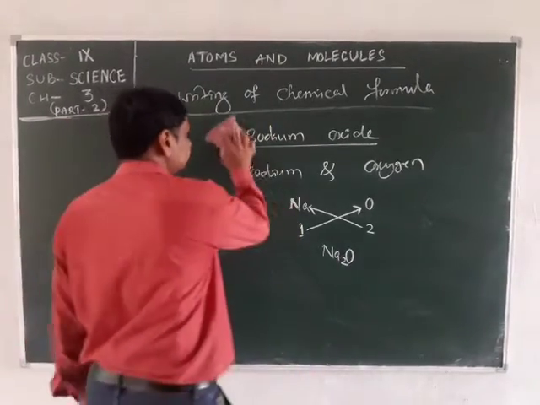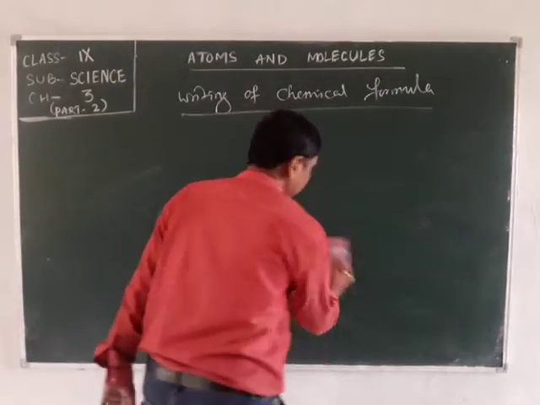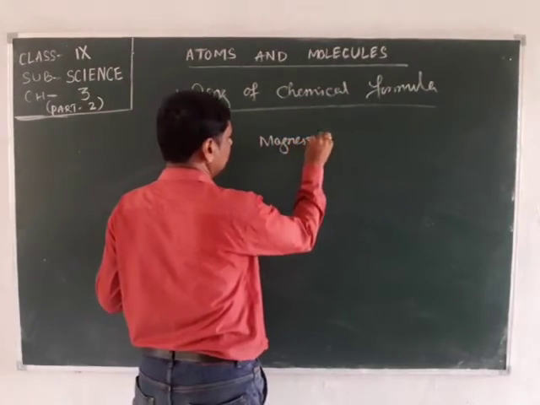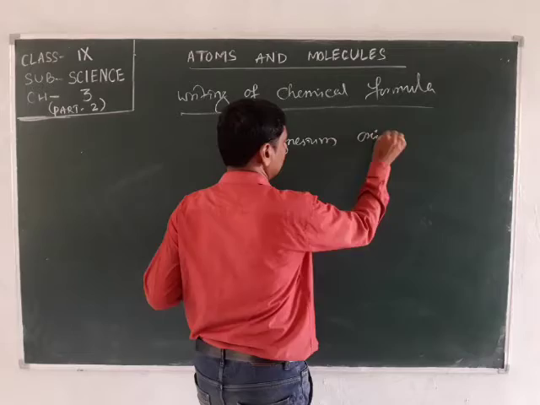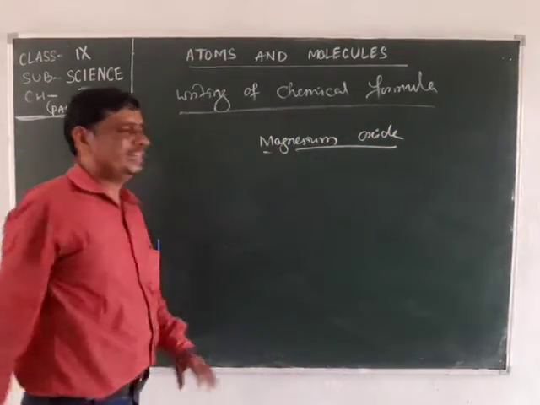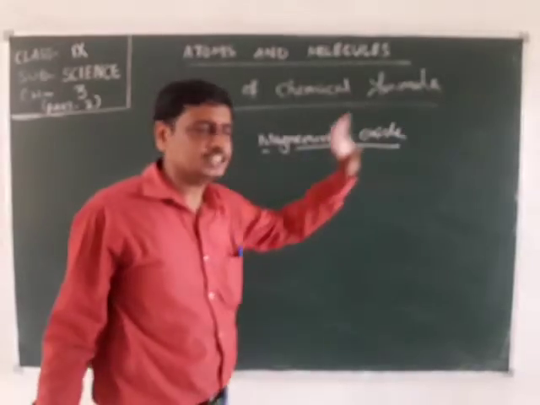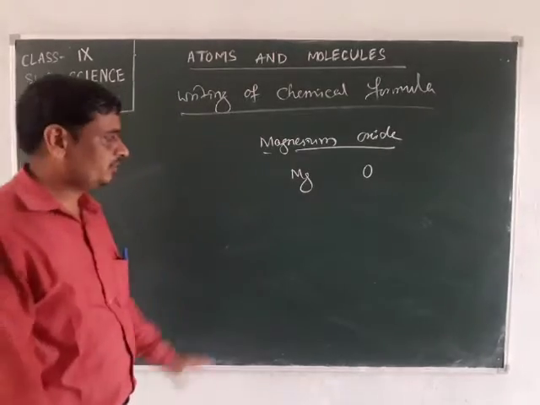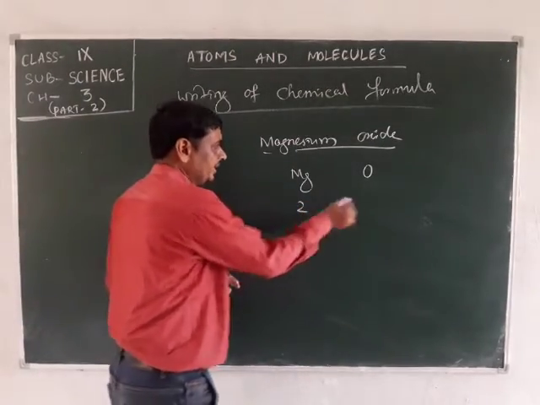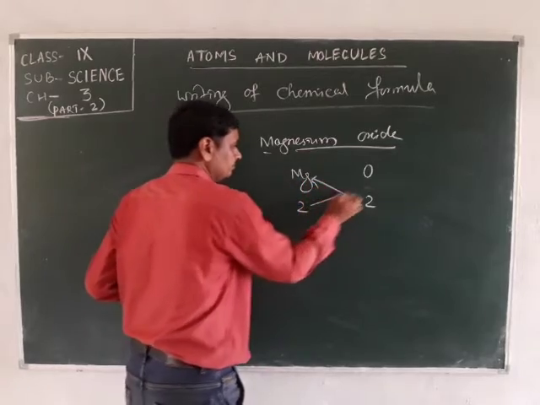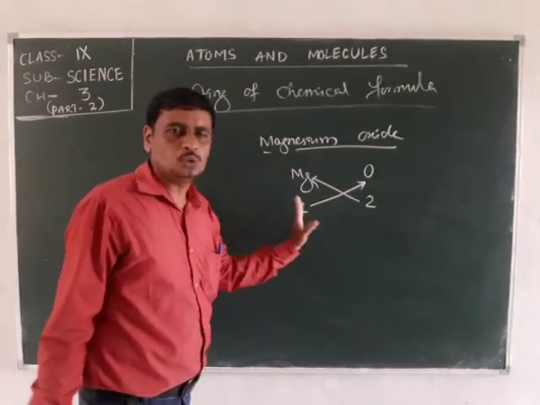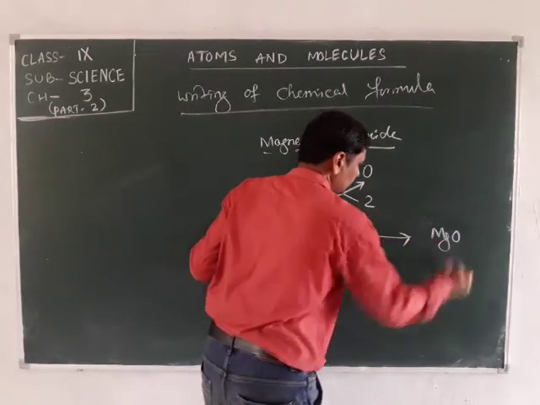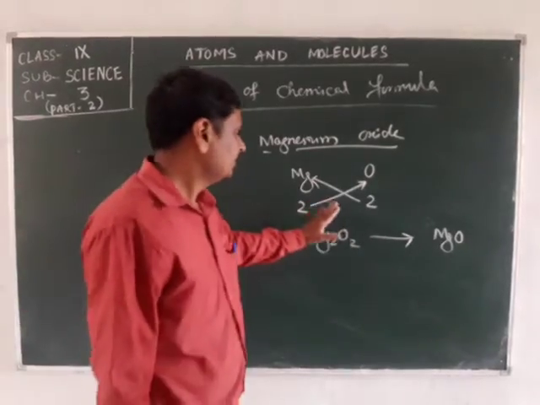Next, magnesium oxide. Two elements are combined here, magnesium and oxygen: Mg and O. Next we write the valency of magnesium, which is 2, and for oxygen it is 2. It becomes Mg2O2, or we can write MgO, magnesium oxide.